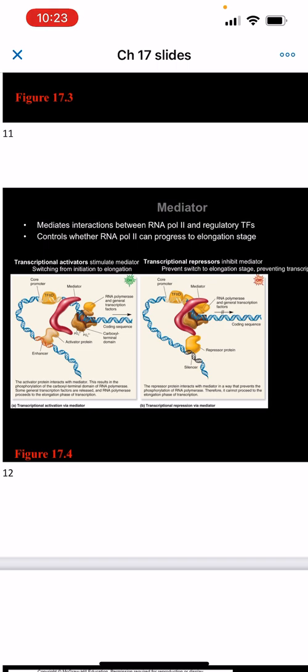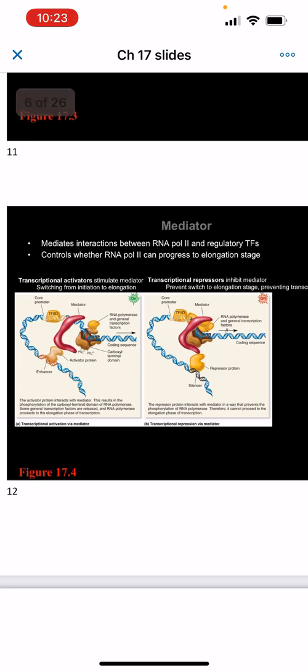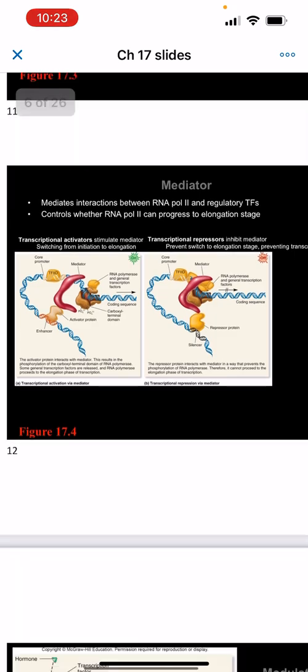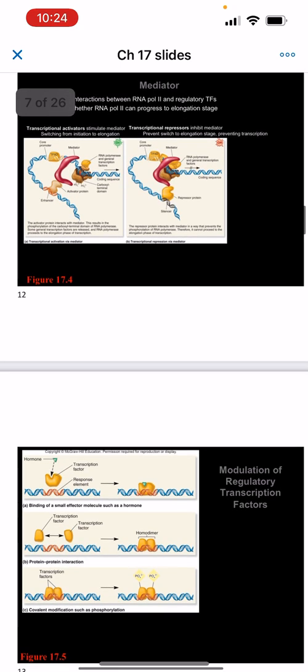So nucleotide cells, you should be getting the picture that there are levels upon levels of regulation, right? Because we look at this picture of mediator, and I told you, even though we're only looking at one enhancer or one silencer, there could actually be multiple enhancers or multiple silencers or a mixture of silencers and enhancers for any one gene, right? So you could have multiple levels of regulation.